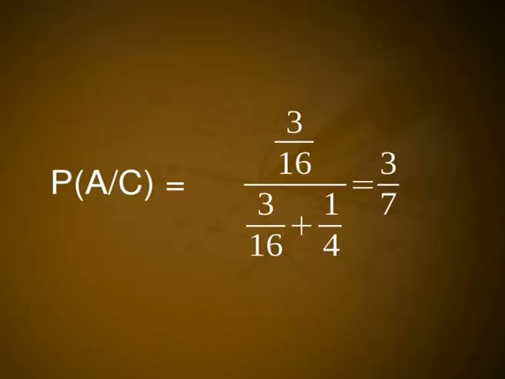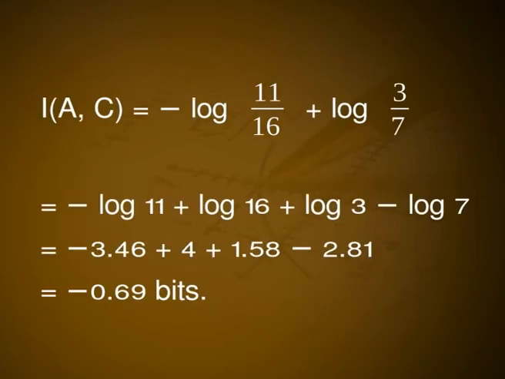Since P of A given C equals 3 by 16 divided by 3 by 16 plus 1 by 4 equals 3 by 7, we have I of A,C equals minus log 11 by 16 plus log 3 by 7 equals minus log 11 plus log 16 plus log 3 minus log 7 equals minus 3.46 plus 4 plus 1.58 minus 2.81 equals minus 0.69 bits.